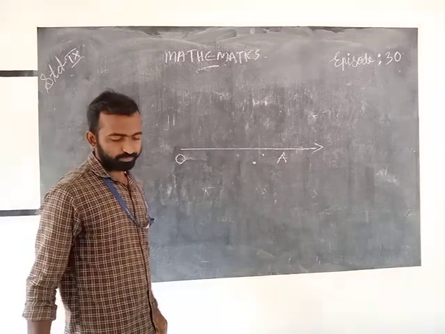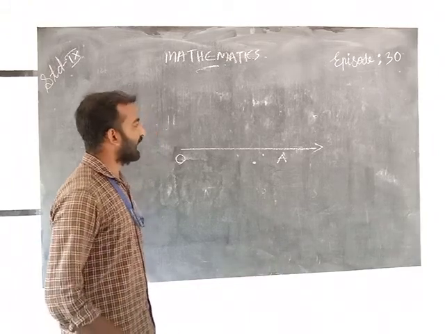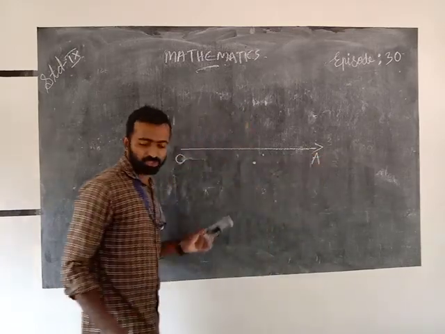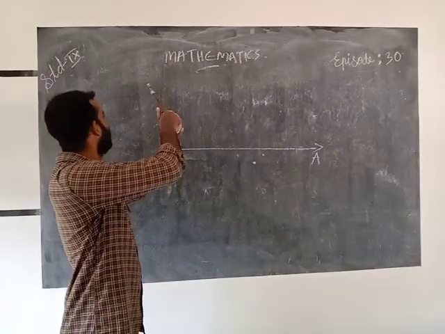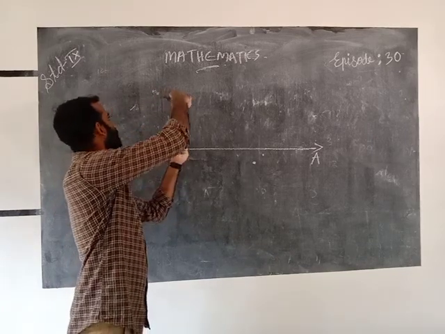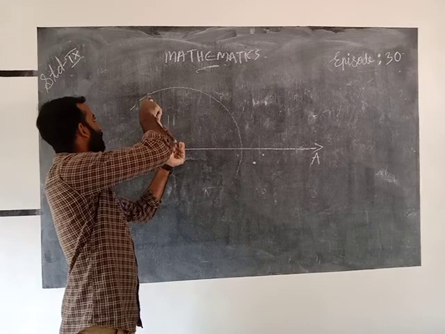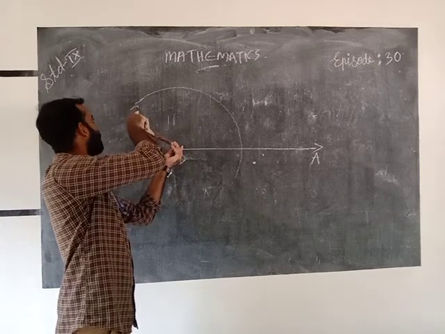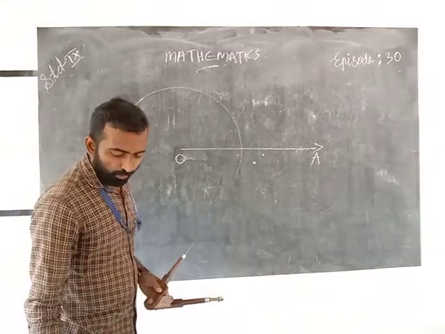OA is a ray. First, we take an arc on the OA ray, with a radius as you like, and center O. Next, we mark the points.